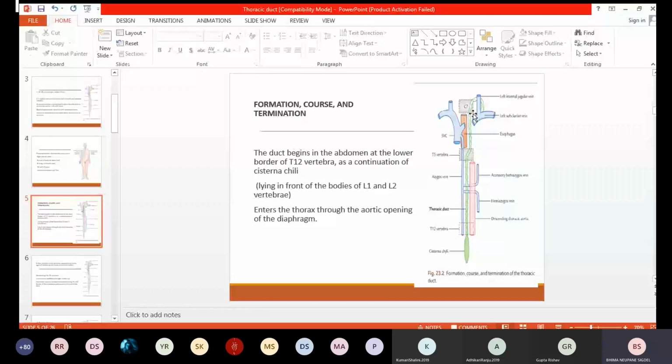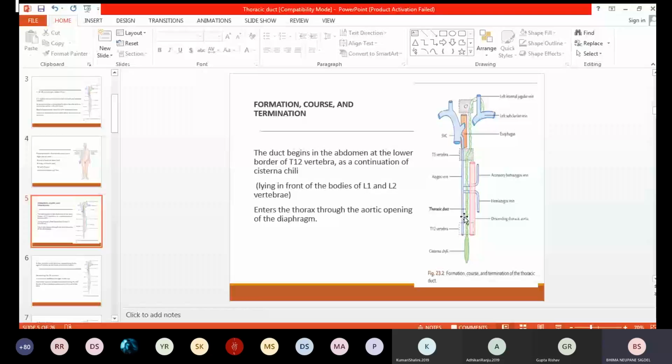So we'll start with the formation. Just now also we mentioned the cisterna chyli, the dilated lymphatic channel in the abdomen. So the thoracic duct begins from the upper end of the cisterna chyli, that is at the part of the abdomen only. Now you have to remember the body of the 12th thoracic vertebra, that is the landmark you have to remember to write about the thoracic duct.